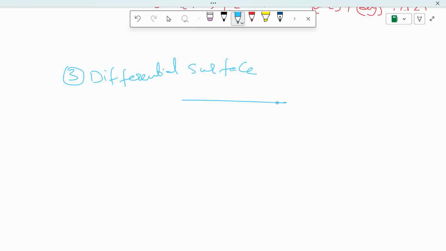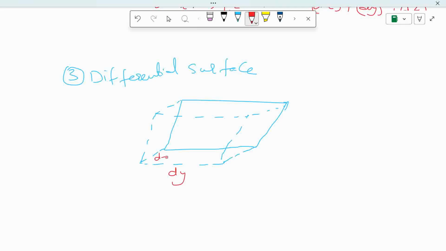So for the same parallelepiped like this, we know that this is dy and this is dx and this is dz.